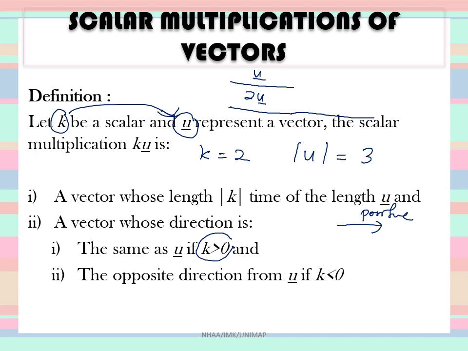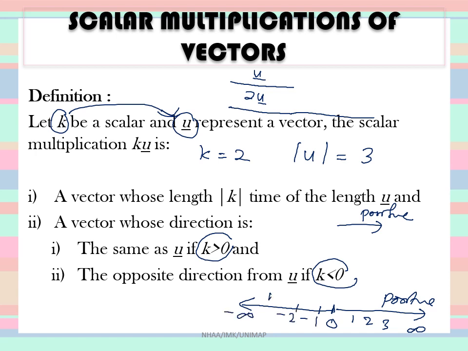But if you choose k to be less than 0, meaning the negative side, negative 1, negative 2 until negative infinity, then your new vector will be in the opposite direction of your u.